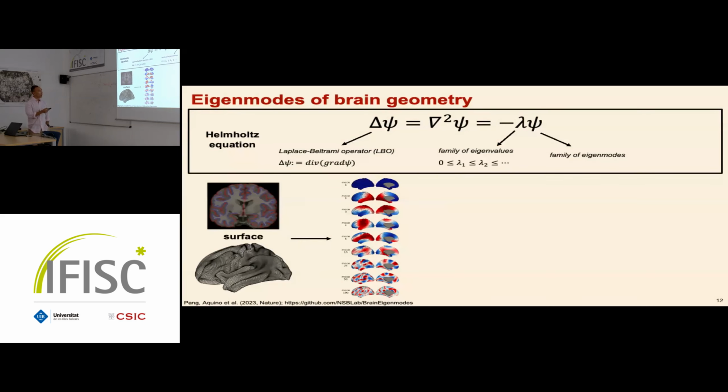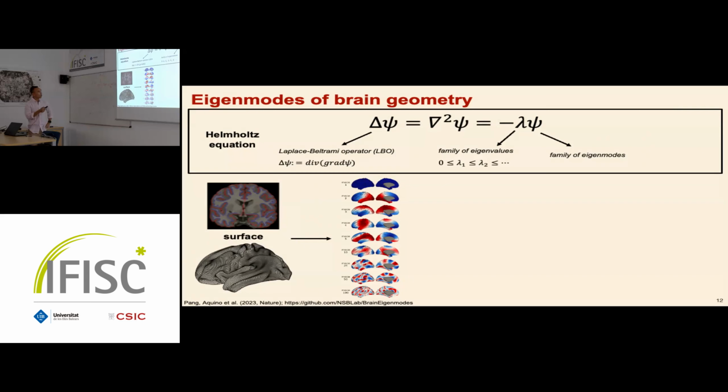You have the first mode as some kind of uniform spatial profile, and the next three would be the ones with a single nodal line. So again, very similar to spherical harmonics in quantum mechanics, and again to one-dimensional strings. But this is the cortical geometry of the surface.